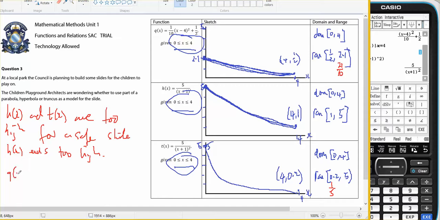So Q of x is best, so it gets ranked first. I think because T of x finishes so low, it is second, and H of x I'm calling third. And that's my reasoning. It's to do with the context of a slide being too high.